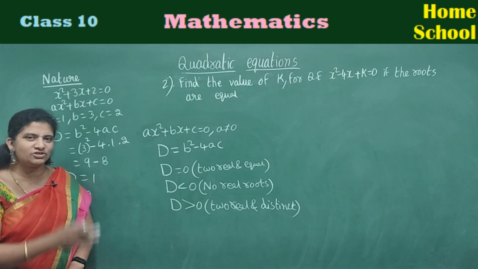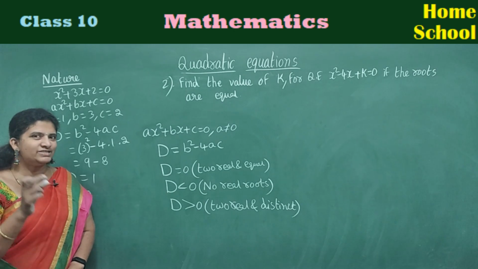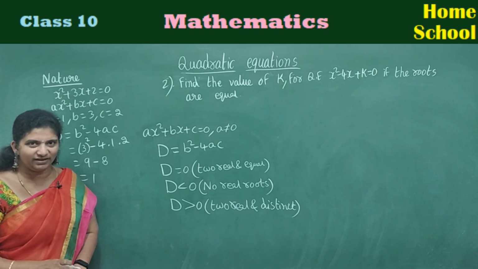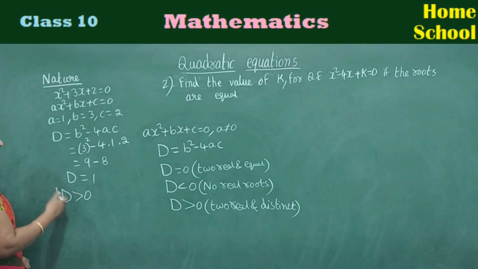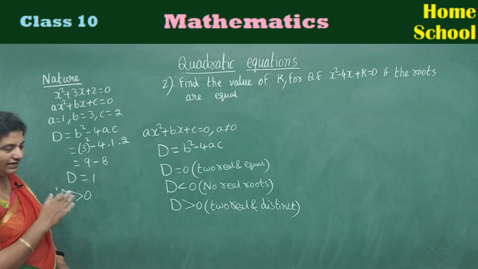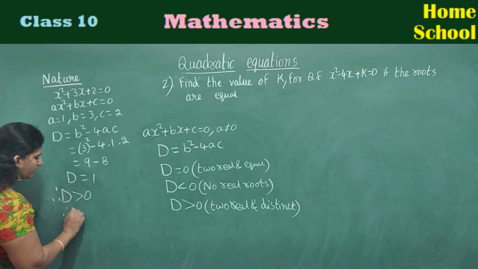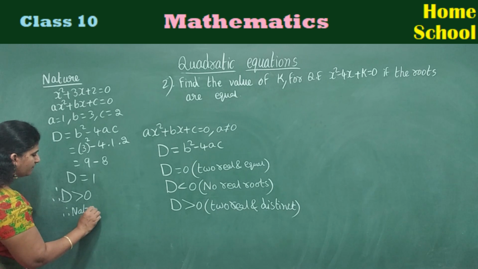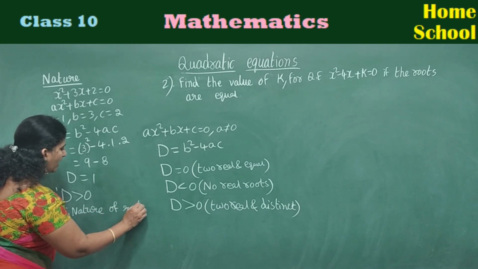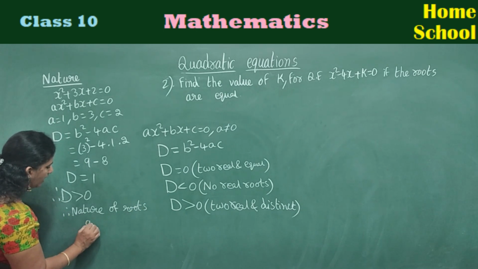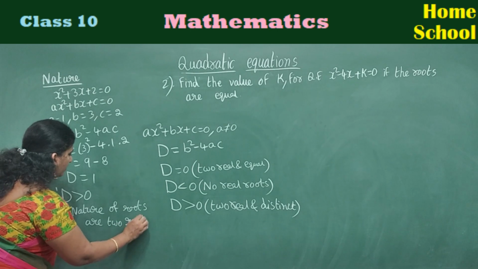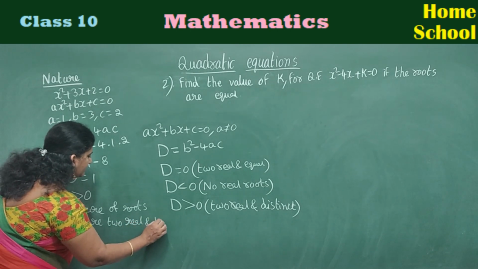Before, by the other method, we had solved the same problem. -2, -1. That means the two roots are different. So here we can directly find the discriminant value and guess the answer. Therefore, the nature of roots of the given quadratic equation are two real and distinct roots.